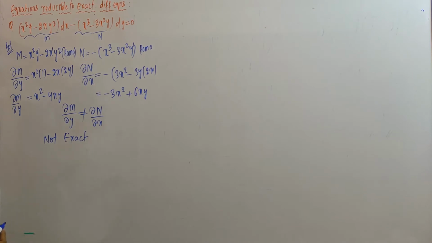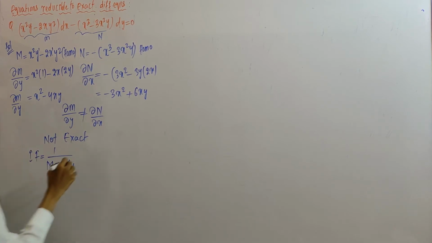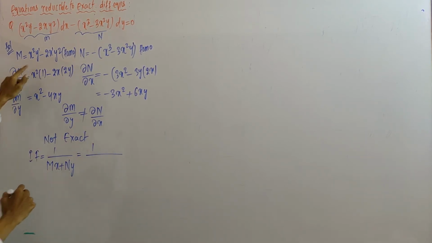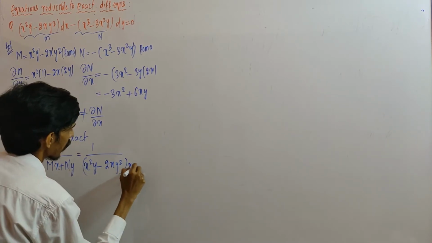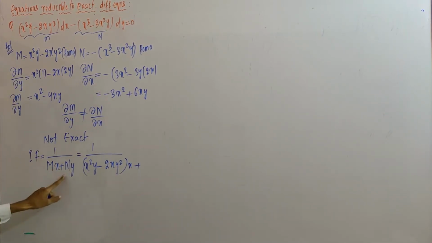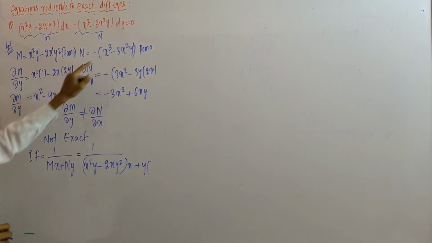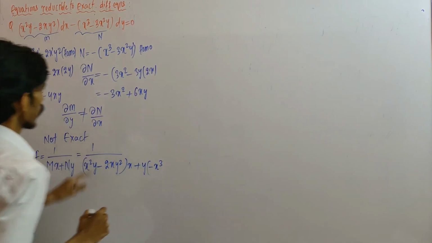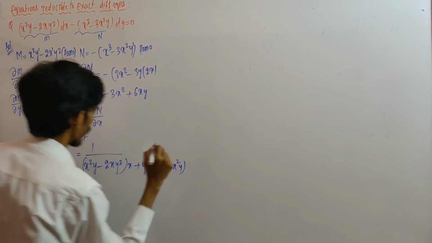So for homogeneous functions M and N, the integrating factor is 1 by Mx plus Ny. So this will become 1 by M value, which is x squared y minus 2xy squared, into x, plus N value, which is minus x cubed plus 3x squared y, into y.